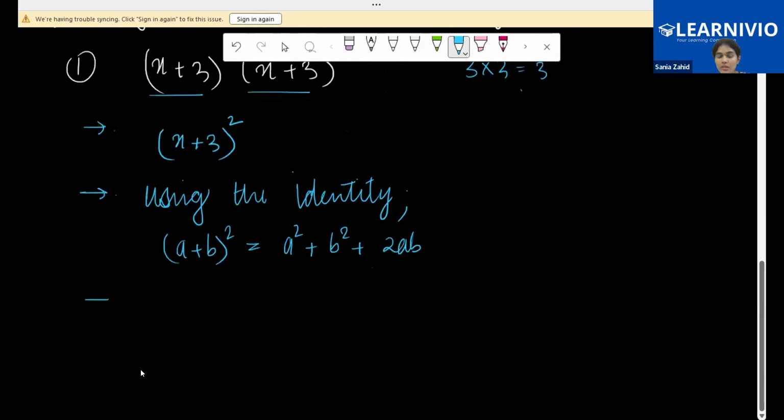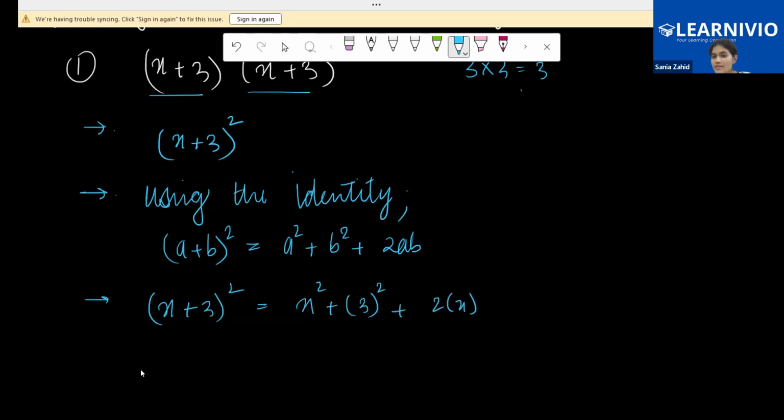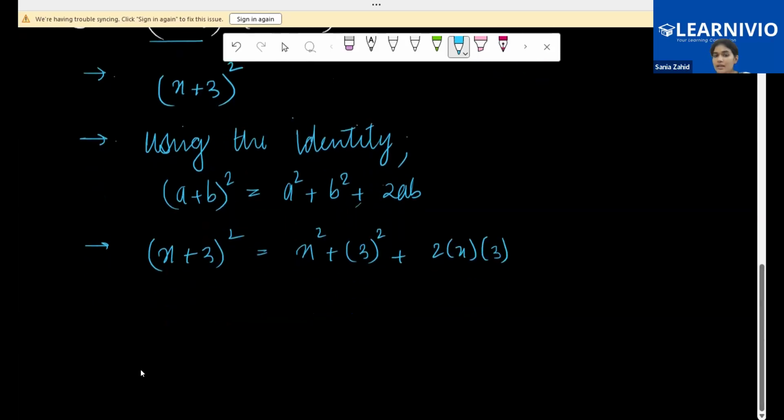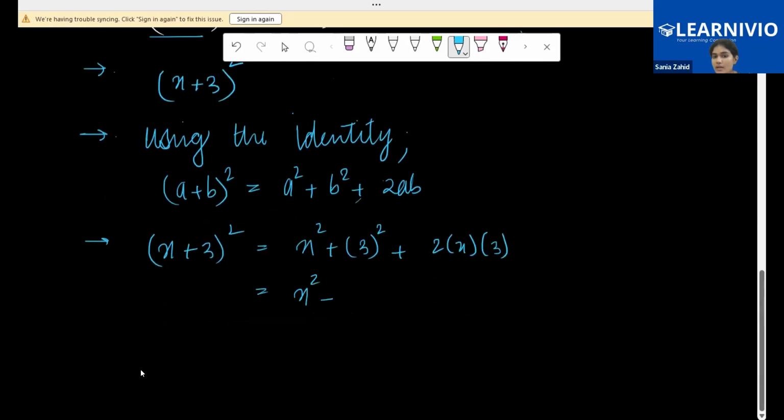What do you have? x plus 3 whole square becomes x square plus 3 square plus 2 into x into 3. So this becomes x square plus 9 plus 2 into 3 into x is 6x. So that's your answer. Okay, children?